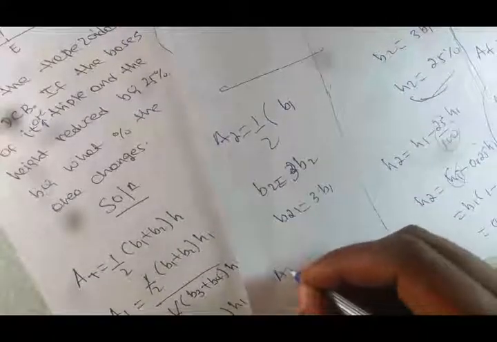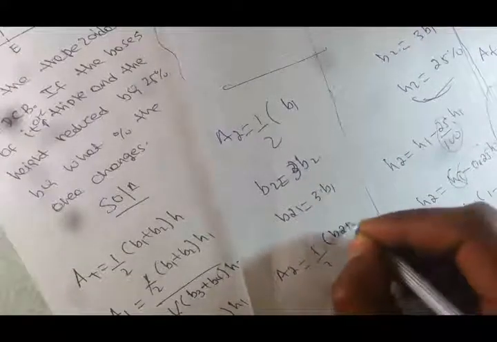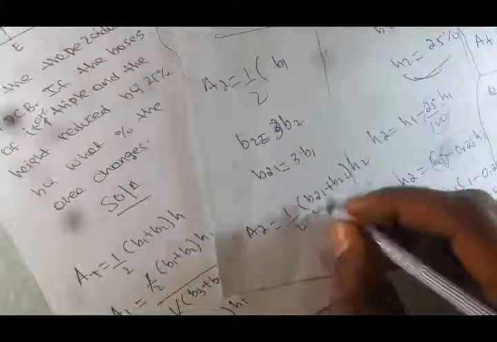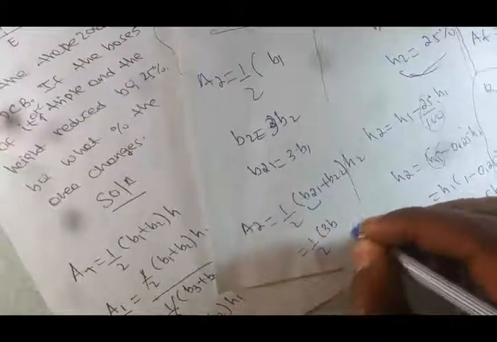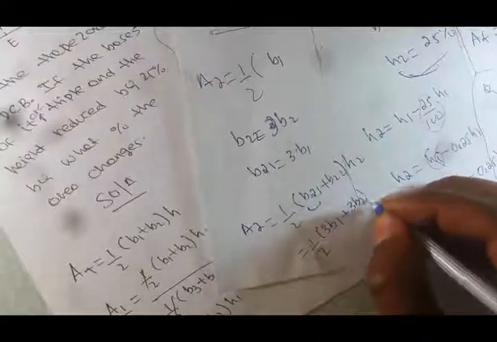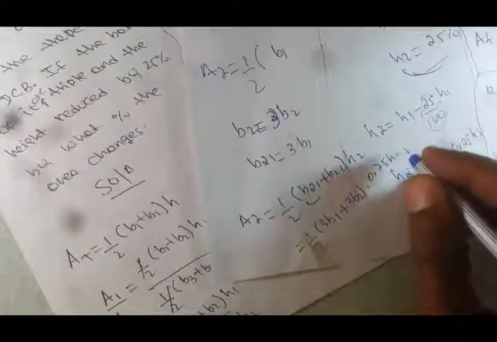Therefore, we have the formula A2 is given by 1 over 2 times (B1 plus B2) times H2. B2 is 3 times B1. Therefore, this is equal to 1 over 2 times (B1 plus 3 times B1) times, this is given by 0.75 times H1.